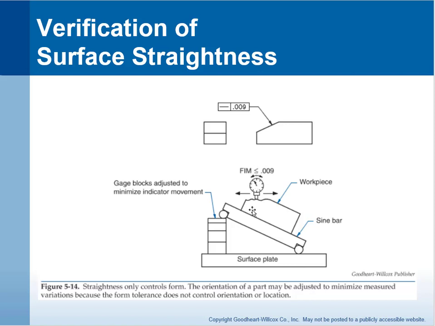So what we're going to do is use a dial indicator, full indicator movement. Okay, so that dial indicator, as we scan it over the surface, is allowed to move a total of 9 thousandths, and still the part would be good. So that's how we check a straightness on a surface.